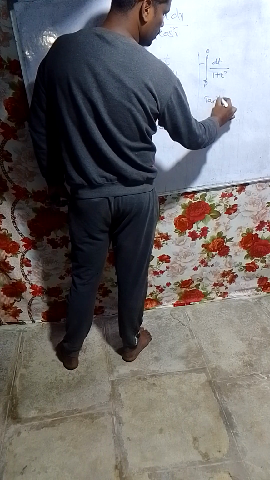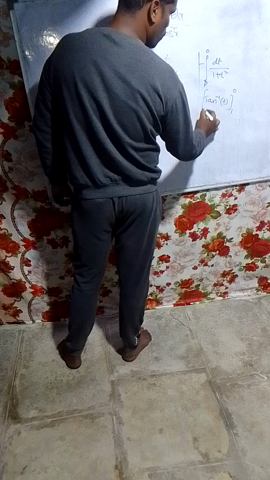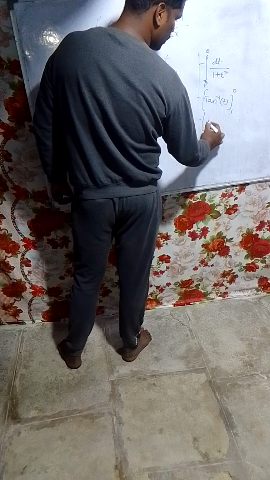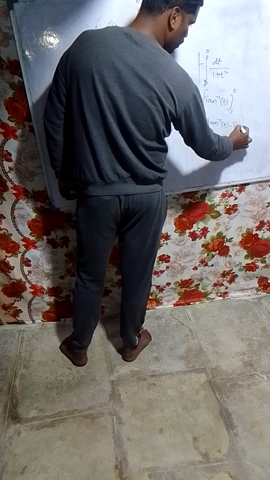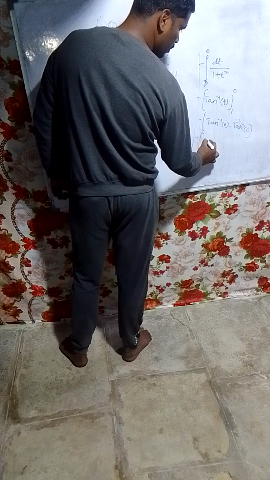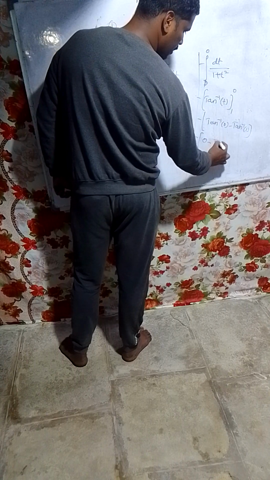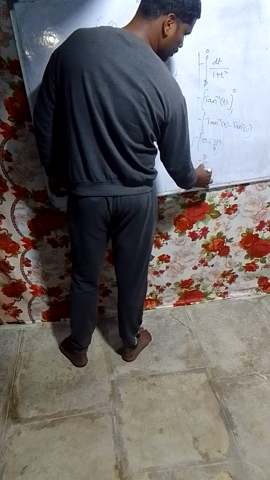Tan inverse t, the limits are 1 to 0, minus tan inverse 0 minus tan inverse 1. Minus tan inverse 0 is 0, tan inverse 1 is pi by 4. Minus of minus plus pi by 4 is the answer.